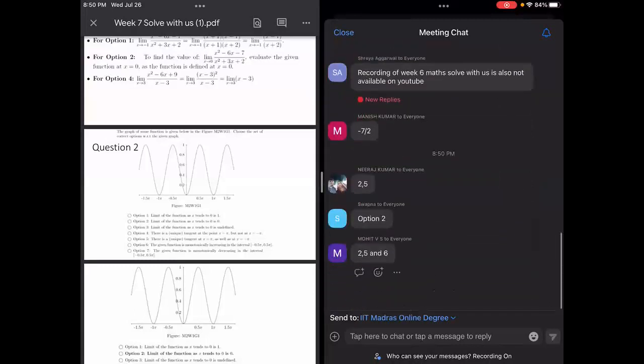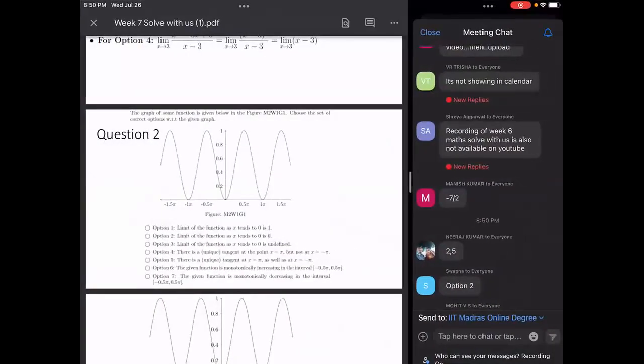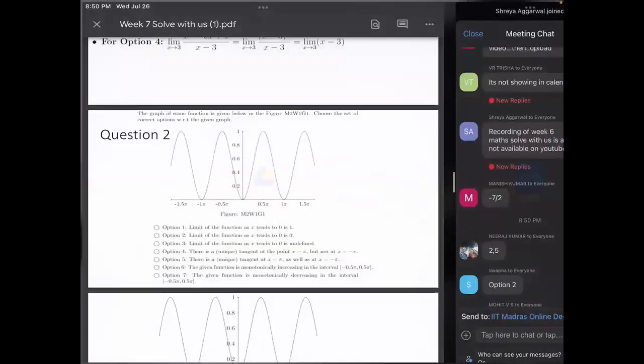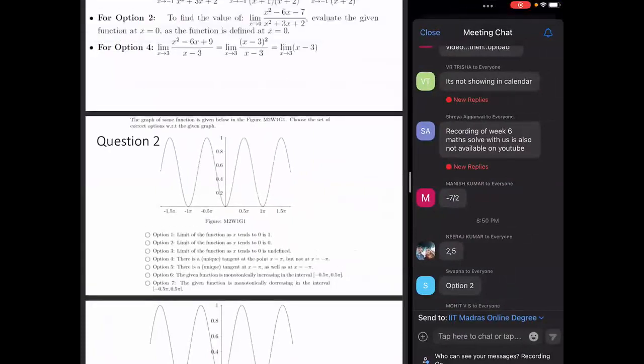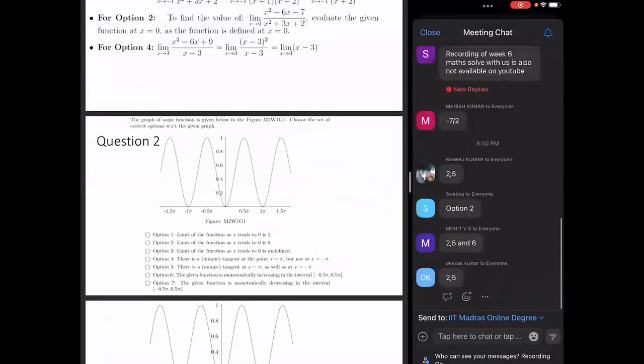Can you increase the size of the question a bit? Are you able to see? Just use the chat box for answers.